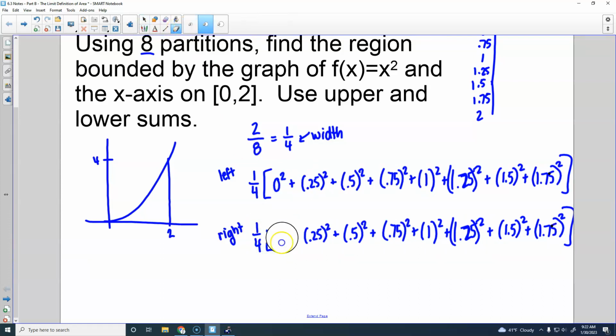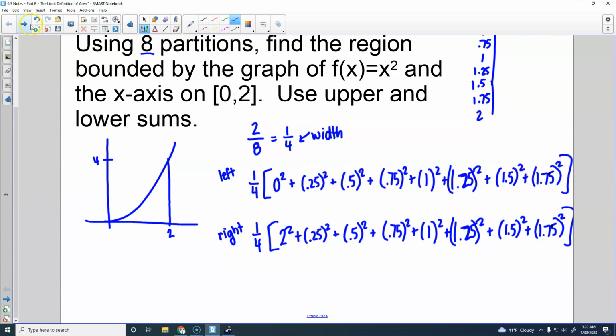I'm taking out the 0 squared and not using it. And instead, I'm going to use the 2 squared for that. So I wouldn't use that first number. I'd use the last instead, and that would be my right Riemann sum. Okay, so that is our setup. We've got the width of our interval times the function evaluated at all of those intervals.